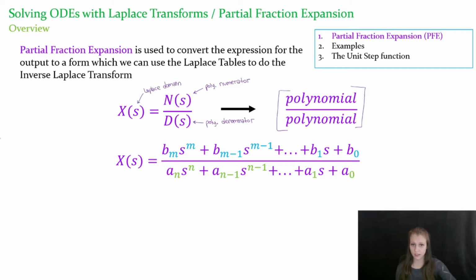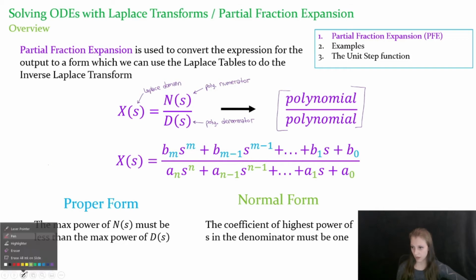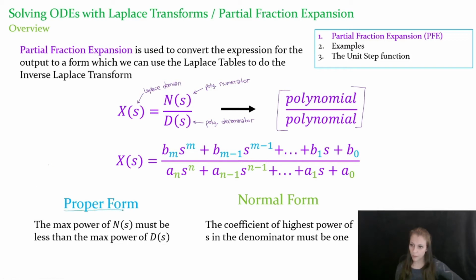So this is just an expanded version of what our transfer function might look like. I'm going to use this to help you better understand what I mean by proper and normal form. For proper form, the maximum power of the numerator must be less than the maximum power of the denominator. Real quick, B and A are just arbitrary constants that I picked to represent the constants in front of each of my s power terms.